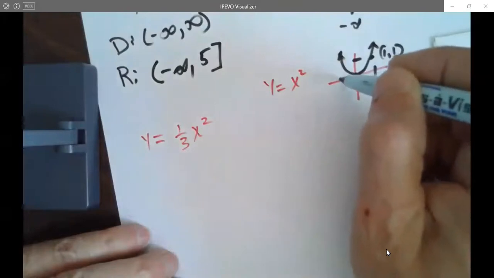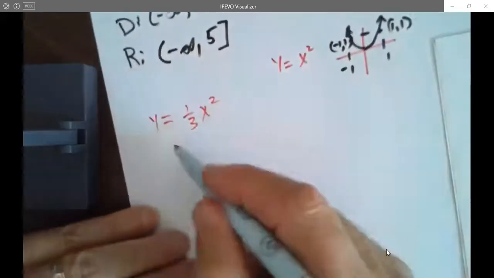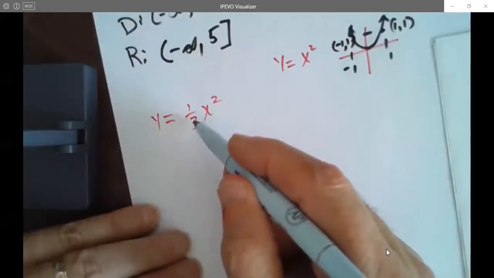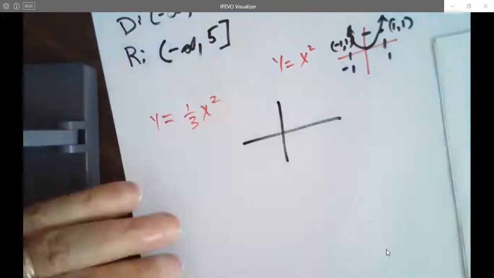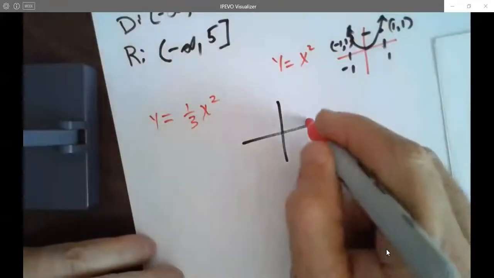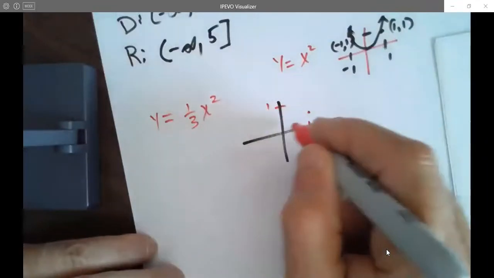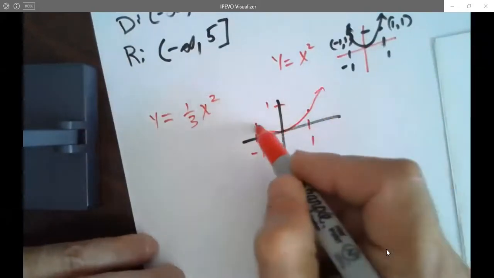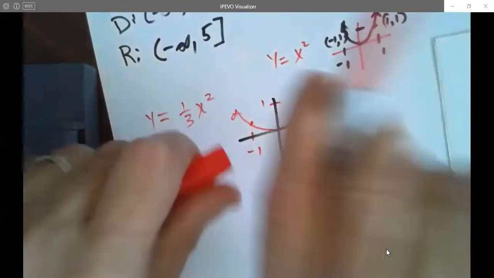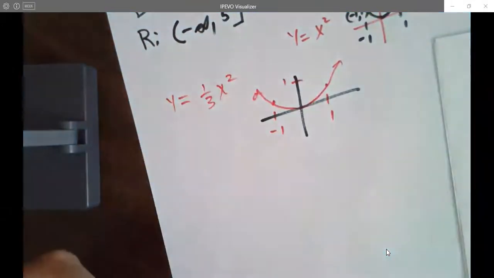And negative 1 is going to be negative 1 in and 1 out. Well, when you have a fraction in front, instead of being at 1, 1, your graph is going to be at 1, 1/3, and negative 1, 1/3. So it vertically compresses, and it looks like it's widening out. And that's all it does.